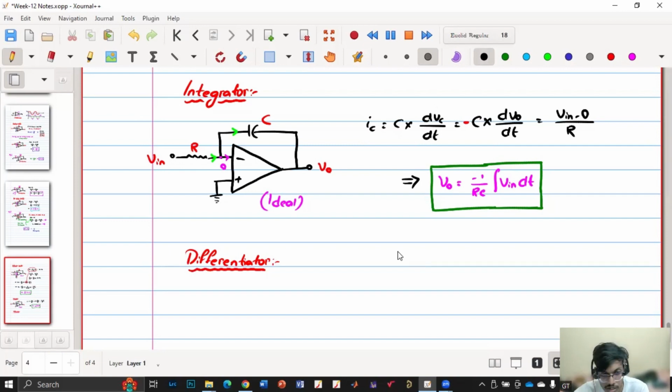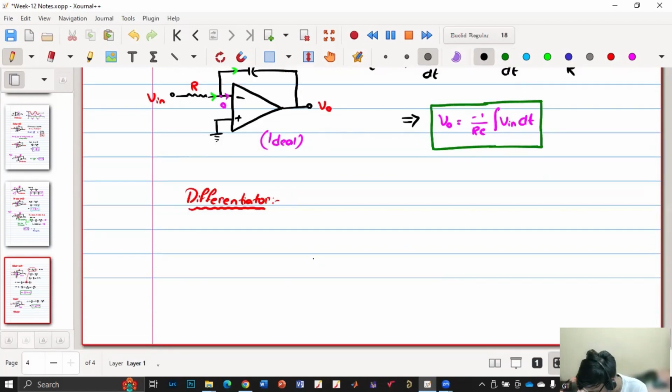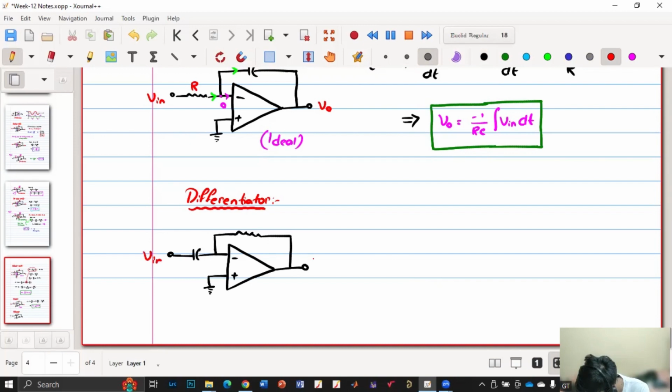In this differentiator, R and C are interchanged. So we have minus plus, and here we have the capacitor, and here we have the resistor, and other things are the same. So this is my V in, this is my C, this is my R, this is my V naught.